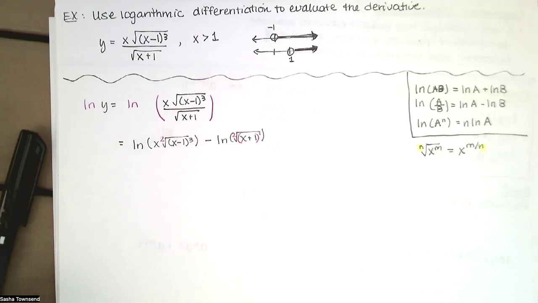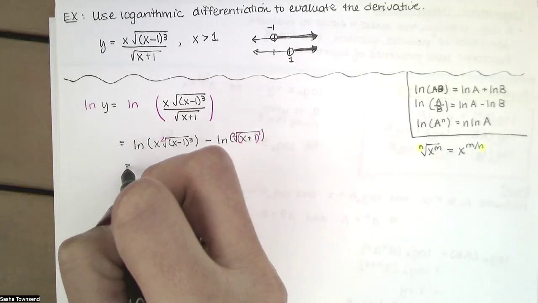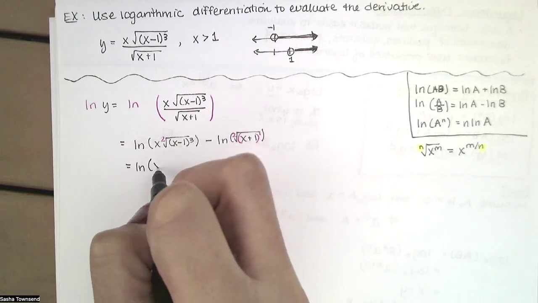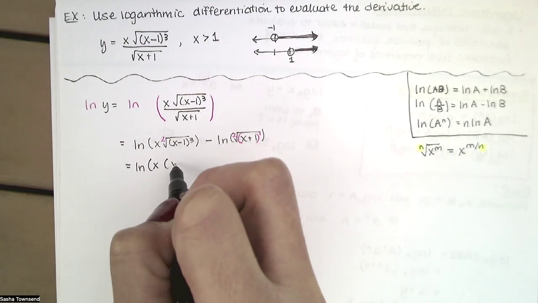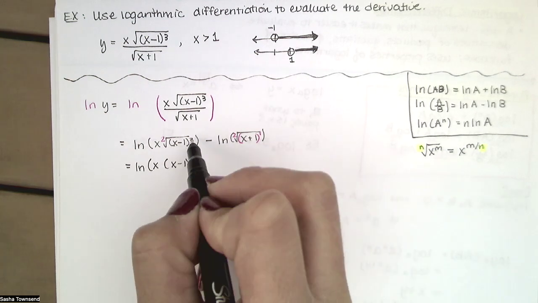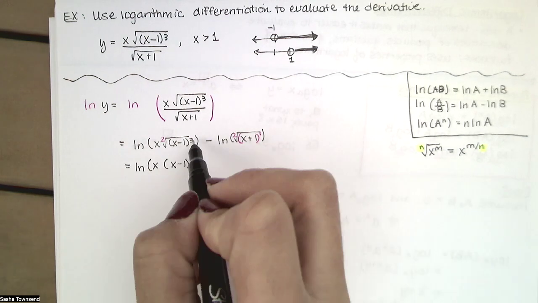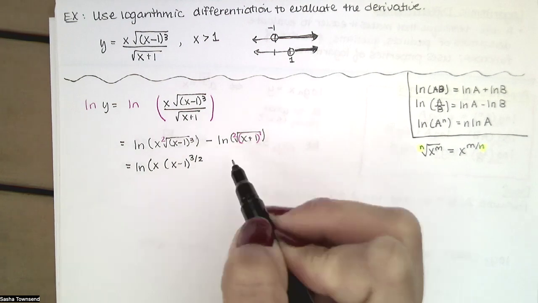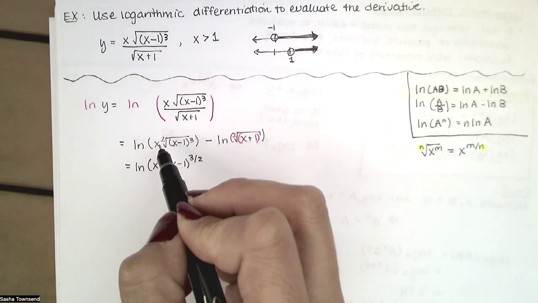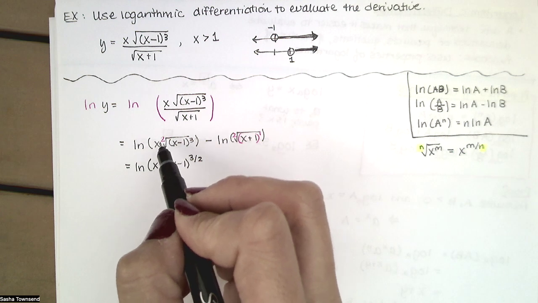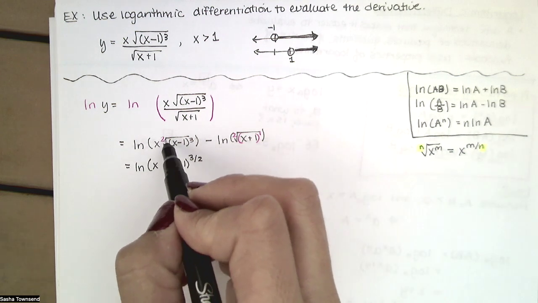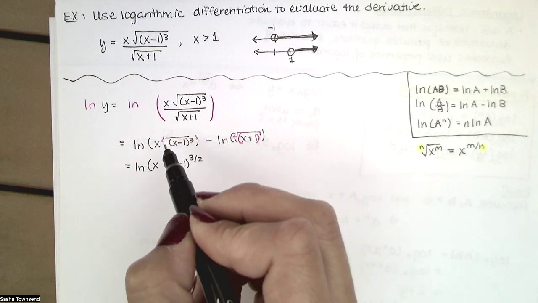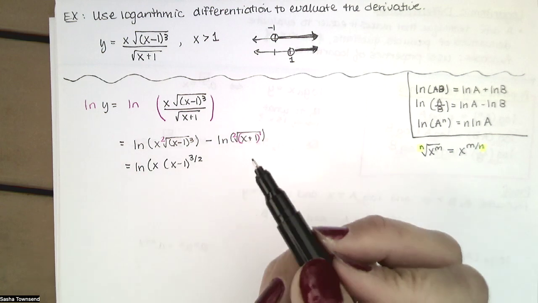With that in mind, we can rewrite that second factor in this expression as an x times x minus 1 raised to the 3/2 power. That 3 goes in the numerator for the exponent, and that 2 goes in the denominator. That's a little bit misleading the way it looks right now. It looks like an x squared. Remember that 2 is just something that I added so that the index of the radical was no longer implied.